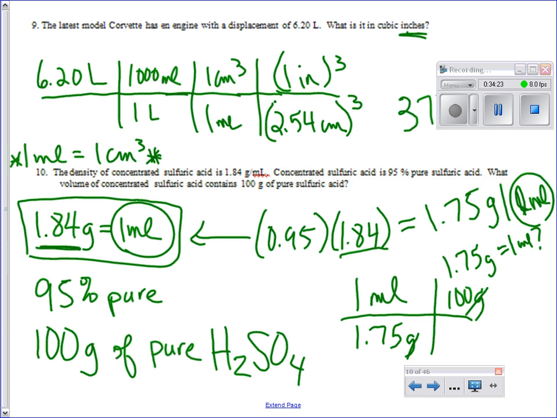What did that do? Cancels a gram, so I get just mils here. And what is it? 57.1 mils. So I would need 57.1 mils of my original sulfuric acid to actually give me 100 grams of sulfuric acid.